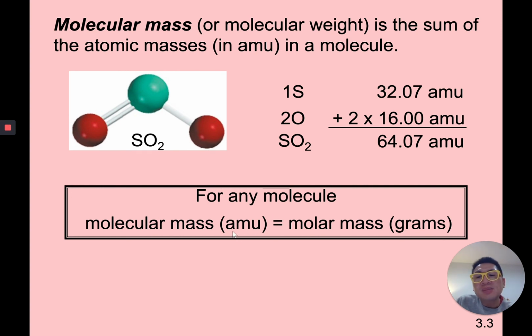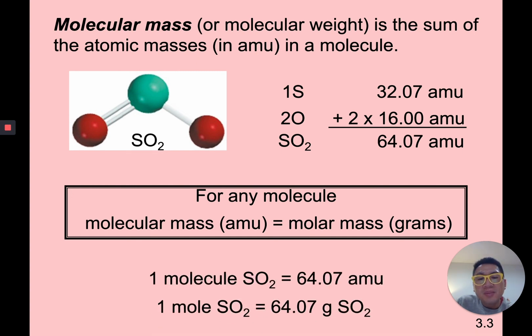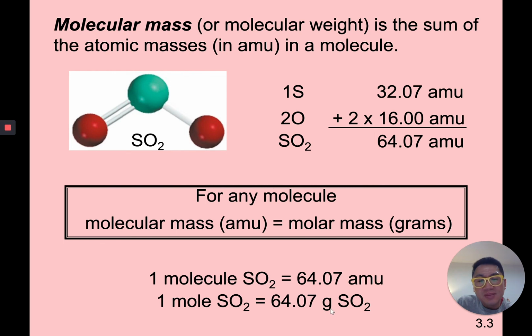But like atoms, the molecular mass and molar mass are the same thing. 1 molecule weighs 64.07 AMUs, but if you had 1 mole, being 6.022 times 10 to the 23rd sulfur dioxide molecules, it would weigh 64.07 grams. 1 molecule weighs 64.07 AMUs. 1 mole of it weighs 64.07 grams.